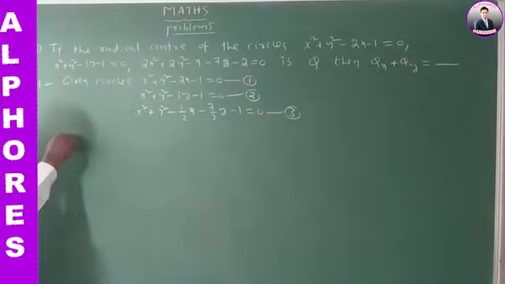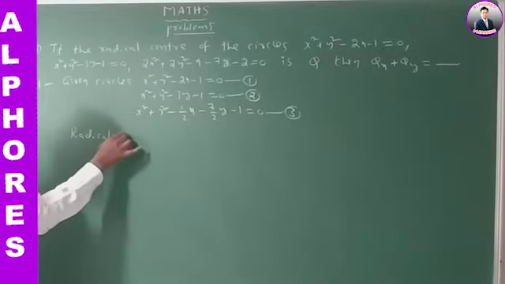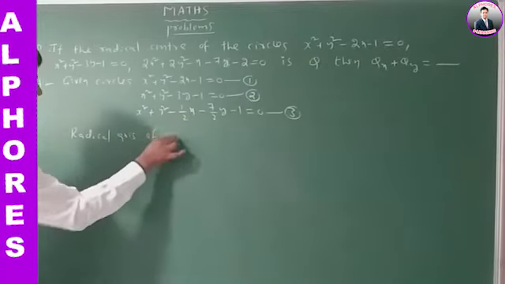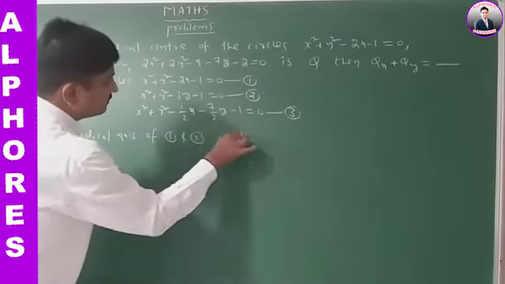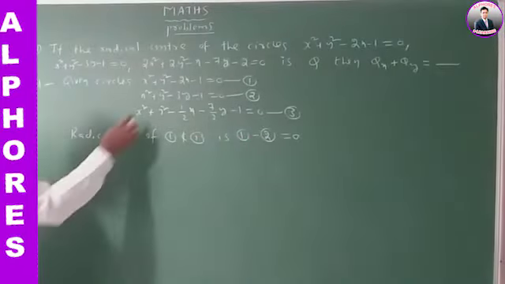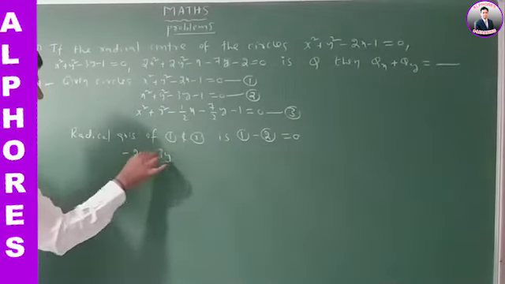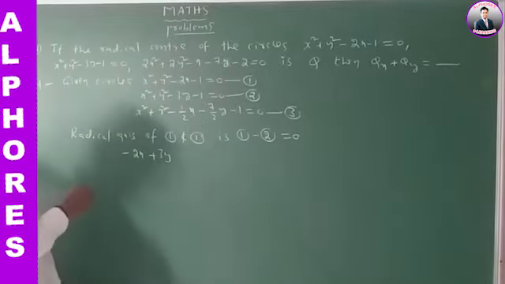First, radical axis of 1 and 2 is 1 minus 2 equal to 0. Directly here it is minus 2x plus 3y, minus 1 plus 1 get cancelled.